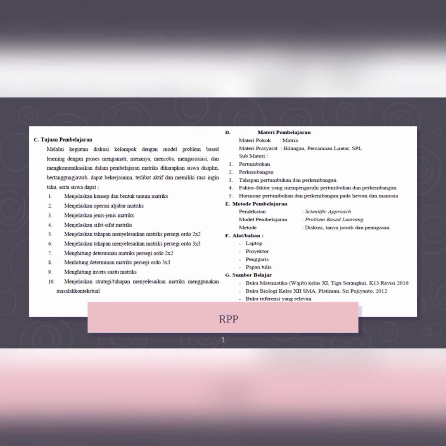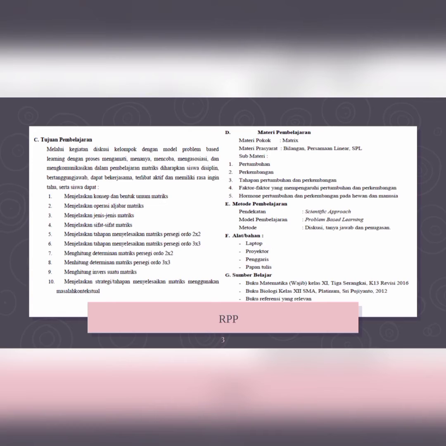And the next is the educational method. Educational method is used to determine how effective learning is for students.